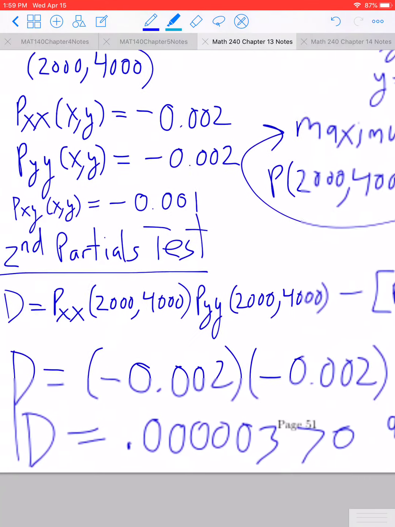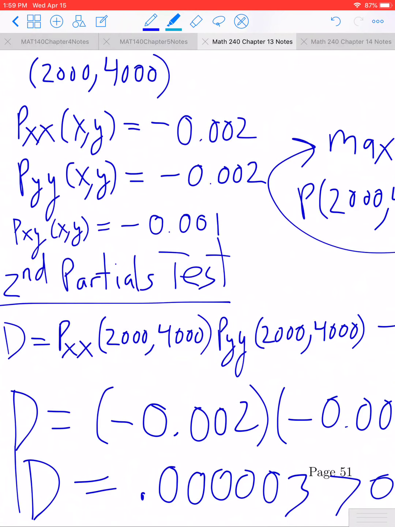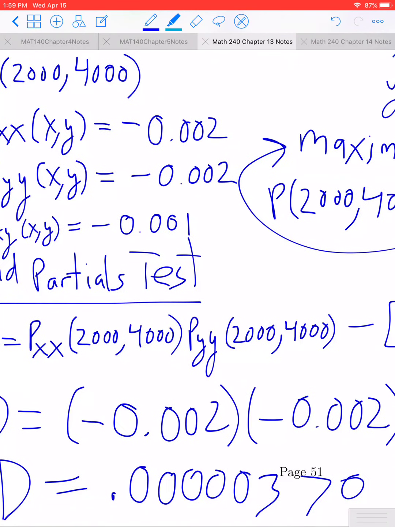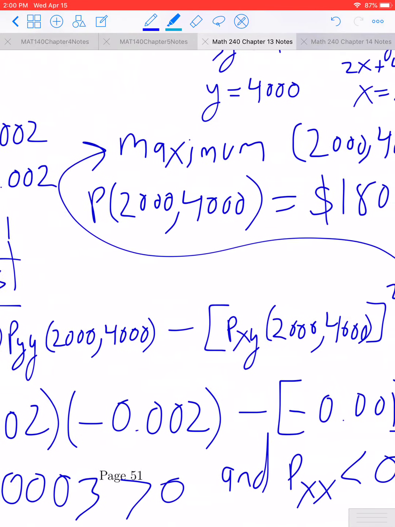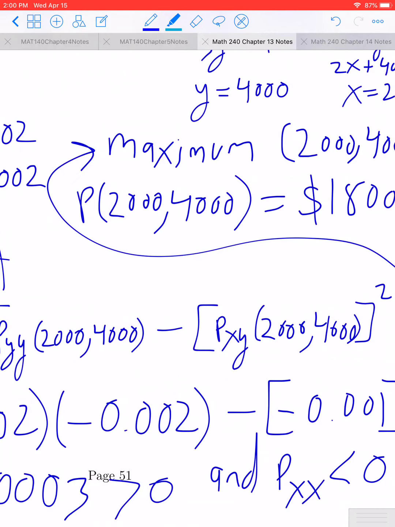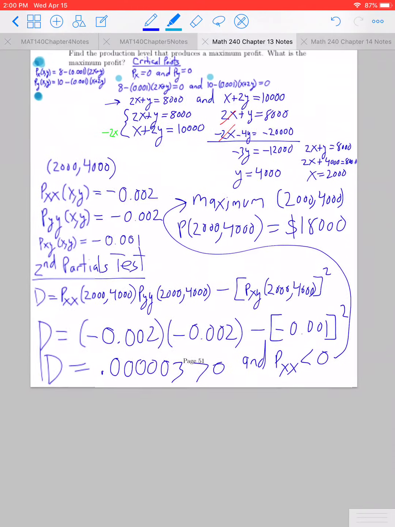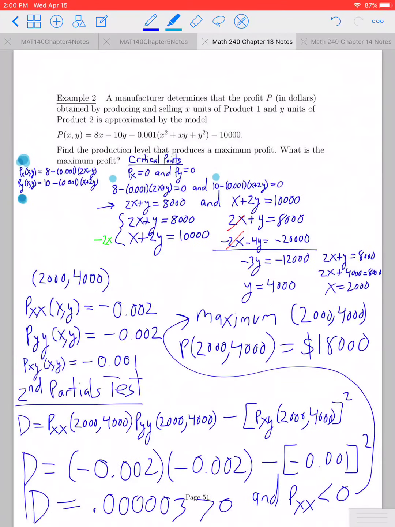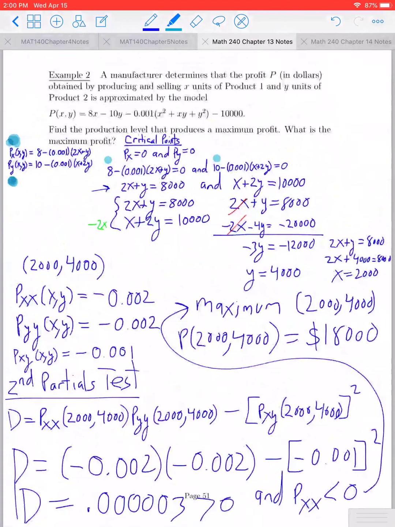And now we're set up for our partials test. The second partials test means we need to evaluate the expression for D, which is the second partial of p with respect to x, evaluated at the critical point, times the second partial of p with respect to y, evaluated at the critical point, minus the mixed partial, evaluated at the critical point, squared. Luckily, it's a pretty easy evaluation because all three of those partial derivatives are constant functions.